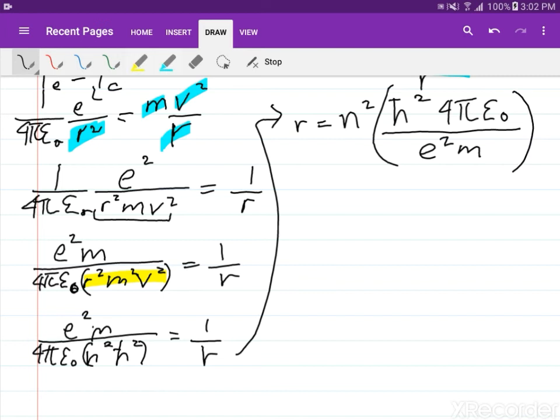This is r, meaning it must have units of distance. n is an integer, so it is unitless.